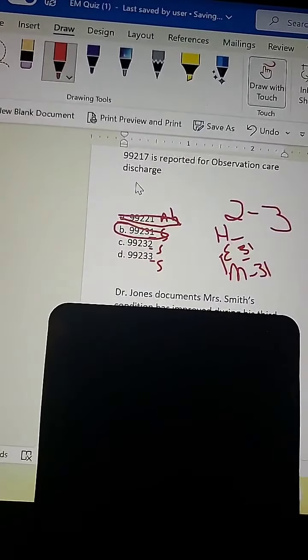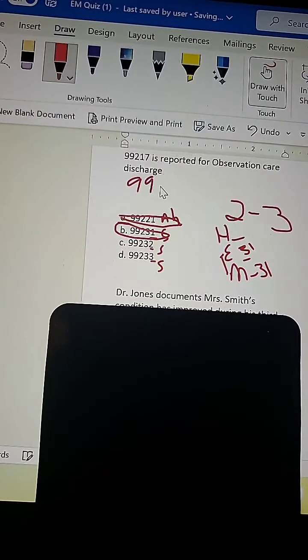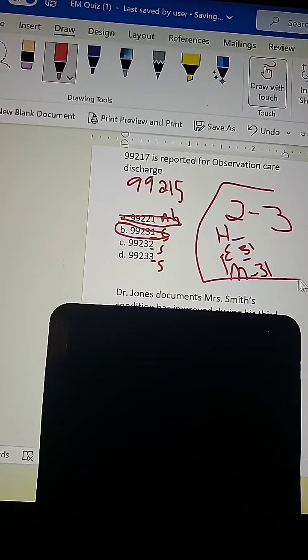Once you get past 99215 in the front of E&M section, you have to make sure each answer has components and that they match. Some of them you have to match 3. All history, exam, and MDM have to match, or you have to match 2 of them.